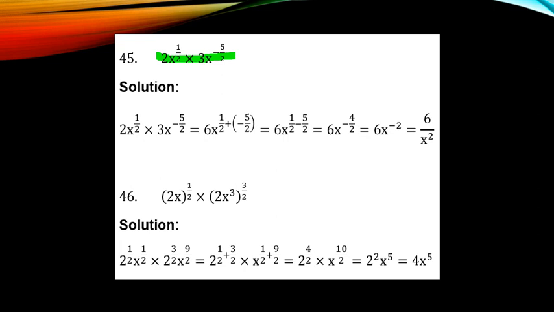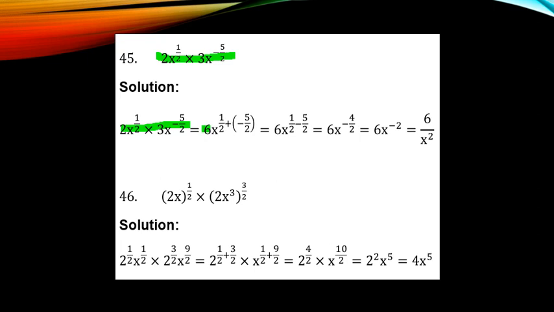Because we have the same base number s and s, instead of converting the power of minus 5 over 2 to positive, we can simply add the powers directly and do that in the final answer. So this is the problem now. Let's multiply the numbers together. 2 times 3, that is 6.